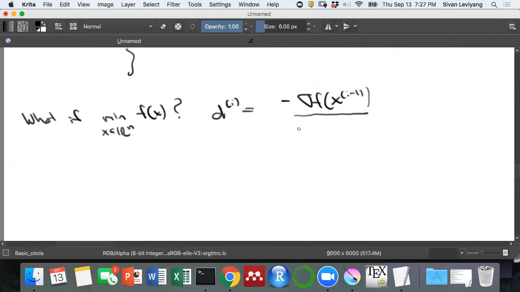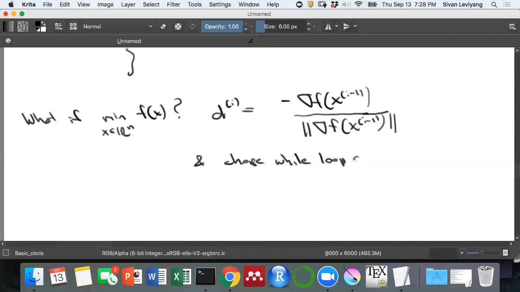Did you also change the control of the logic? Yes, that's another thing that usually has bugs, because if you don't change that, you sometimes don't exit the while loop. So I should also change the while loop condition, and this is called steepest descent.